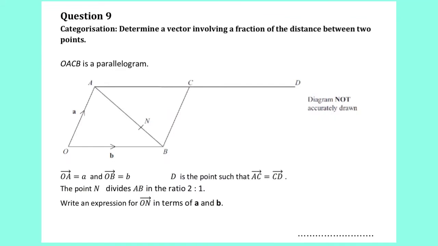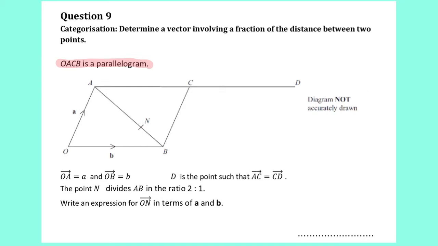In this question, we're dealing with a parallelogram OACB. We're told in the question that OA is equal to A. We're told that OB is equal to B. We're also told that the point N divides AB in the ratio 2 to 1.